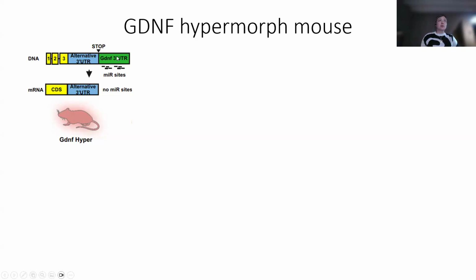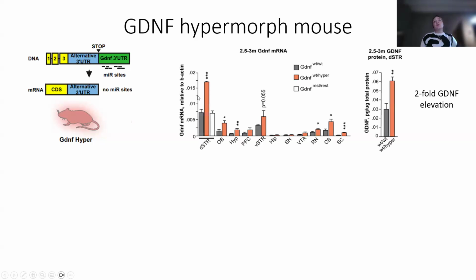Particularly, after transcription, it has several modifications in the 3' UTR end of the gene. And after transcription, it lacks the binding site for the microRNAs. So basically, the stop signal is downregulated for this molecule. As a result, we have upregulation of GDNF protein in these animals. We tested expression of GDNF mRNA in different sites.